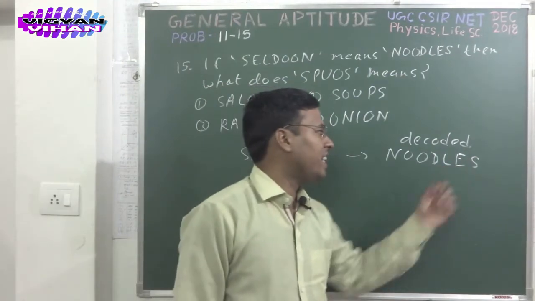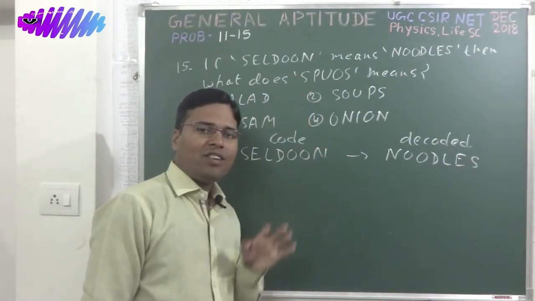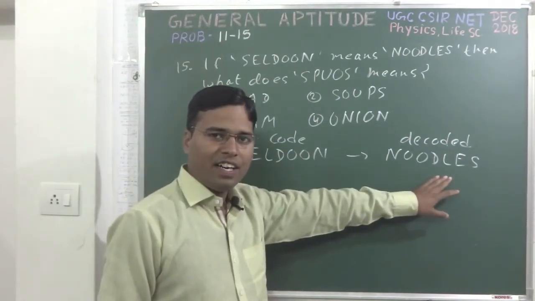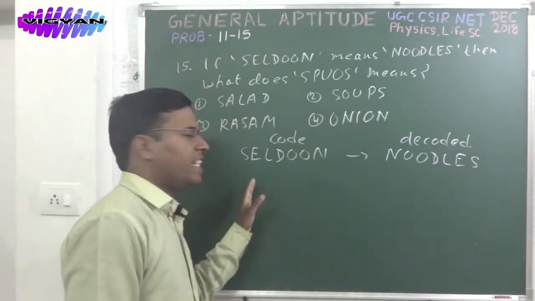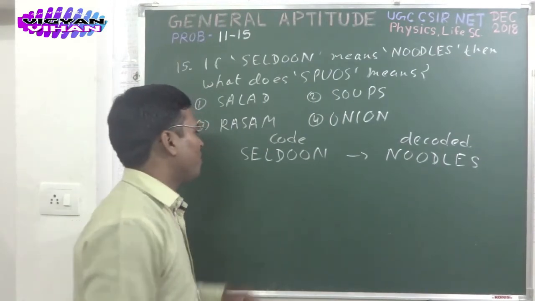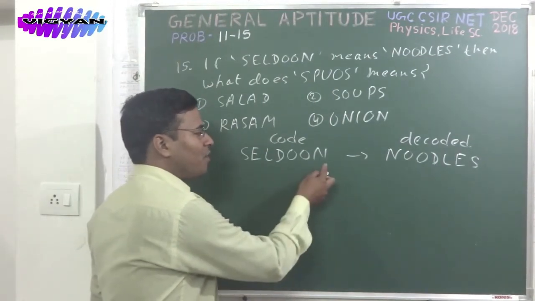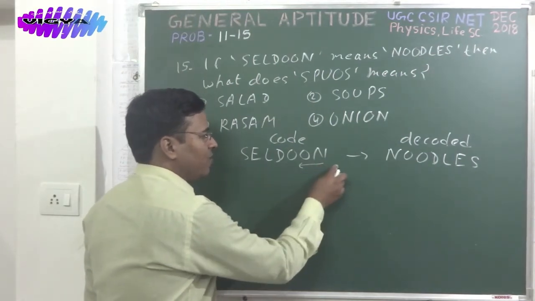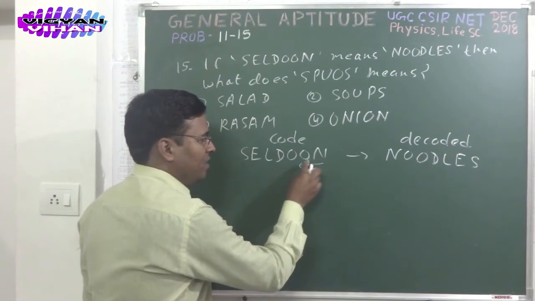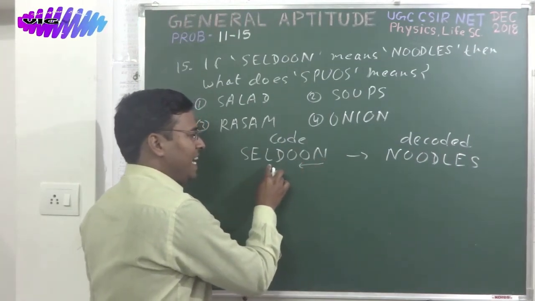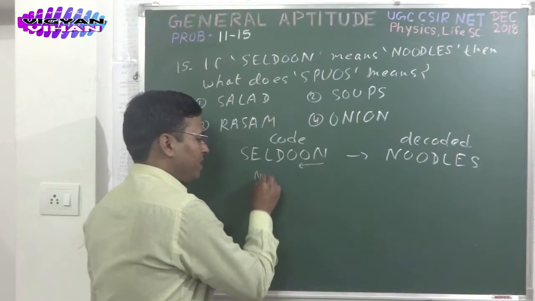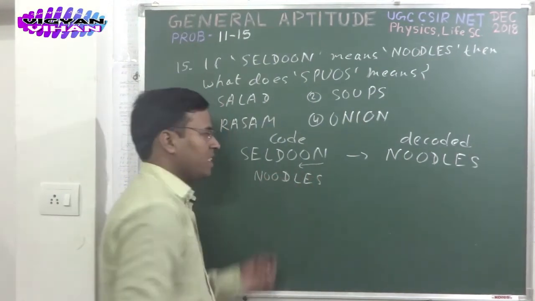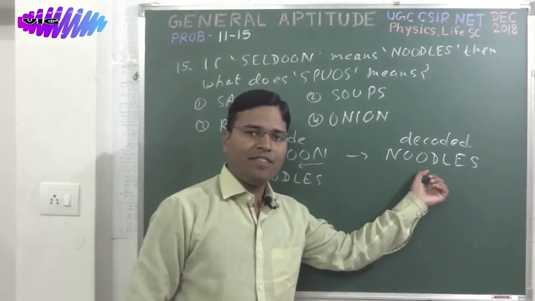L, E, S are also there, but the order of the alphabets in the decoded word is just opposite from the code. So, if I write from back to front, the decoded word would be NOODLES.